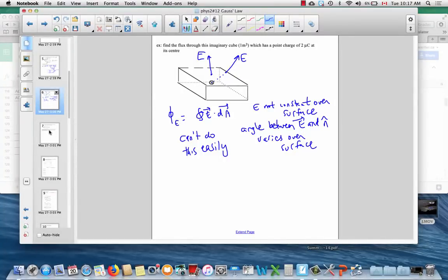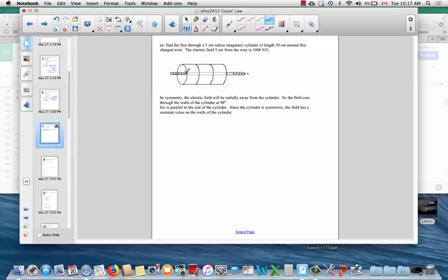Let's consider a final example of calculating electric flux. Let's imagine we have a line of charge. Now, what would be an appropriate symmetric surface in this case? Well, a cylinder will have the appropriate symmetry. The electric field, if this is a positive charged wire, will be everywhere away from the wire. And so you see that that electric field is going to cut very nicely through the walls of the cylinder.